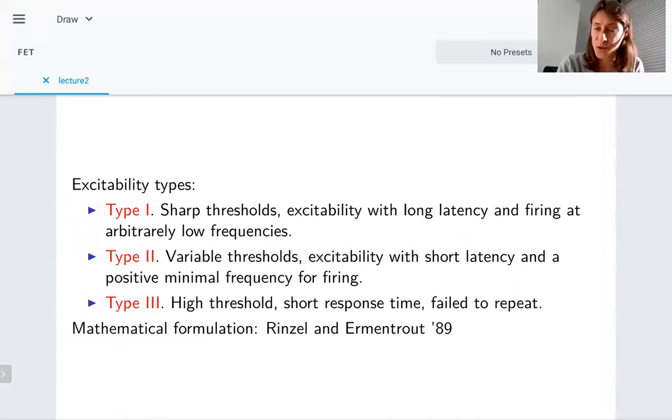So when they started to show oscillations, they did it with a positive minimal frequency. And then there is this class 3, whose main feature is that they fail to repeat, okay?